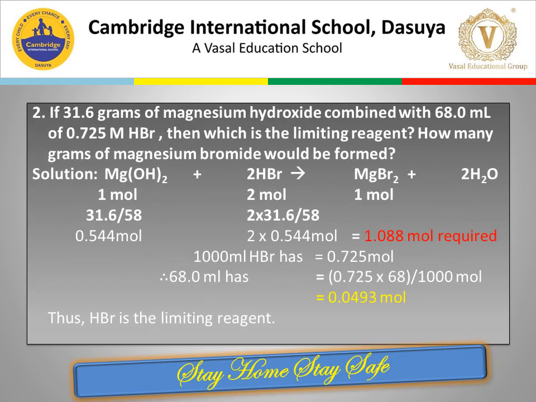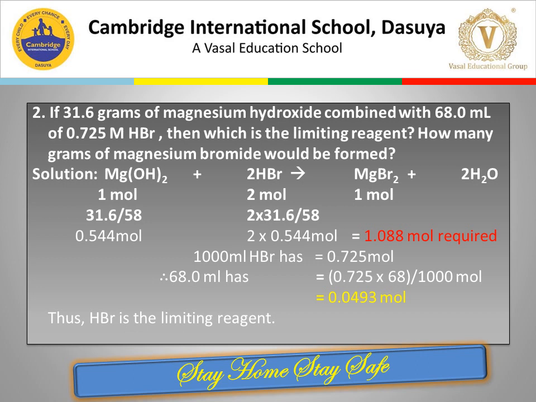Now let us try to solve the next numerical. If 31.6 gram of magnesium hydroxide combined with 68.0 ml of 0.725 molar HBr, then which is the limiting reagent and how many grams of magnesium bromide would be formed?